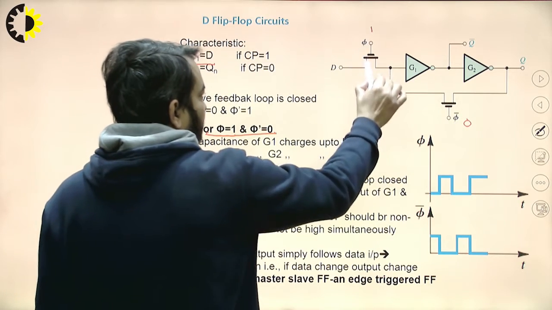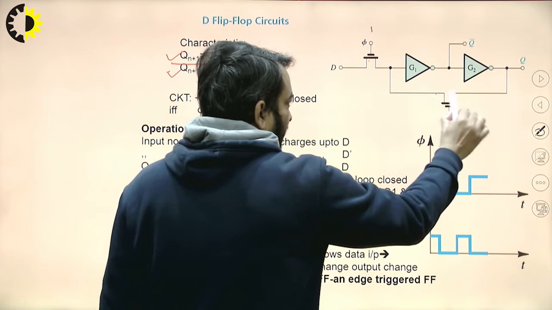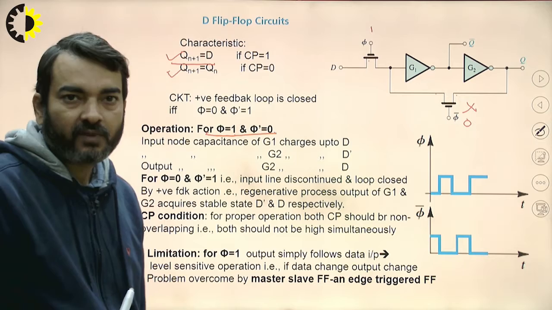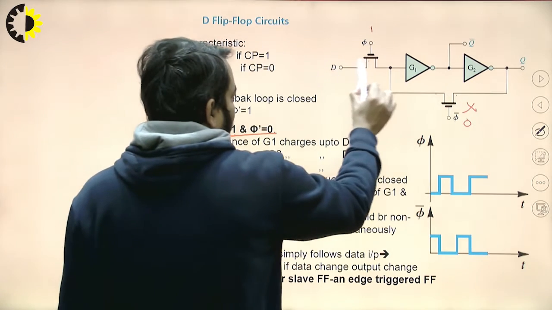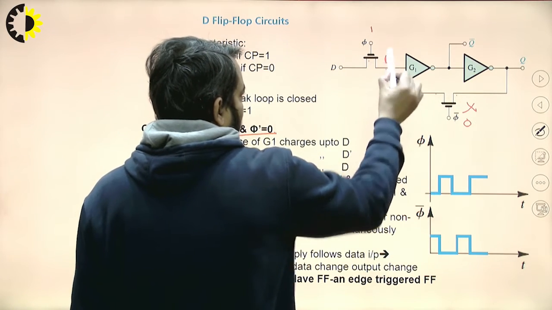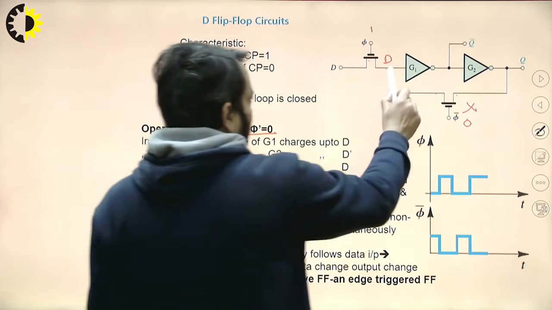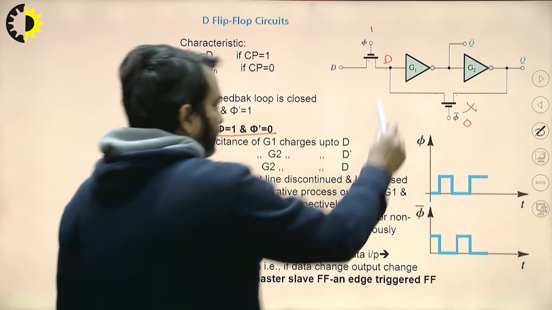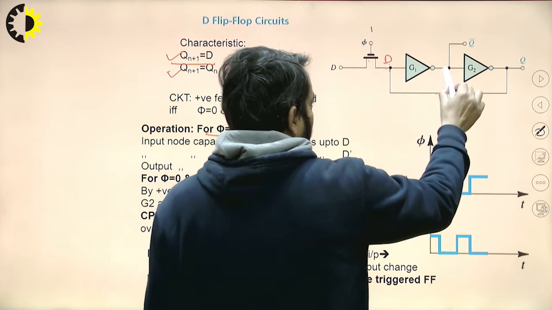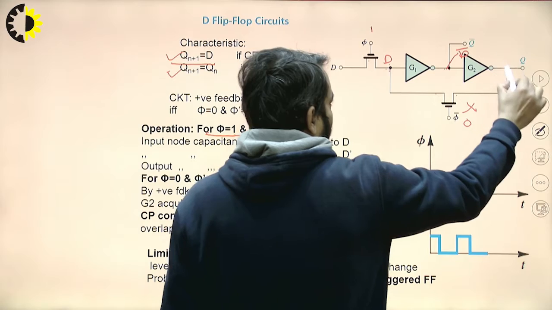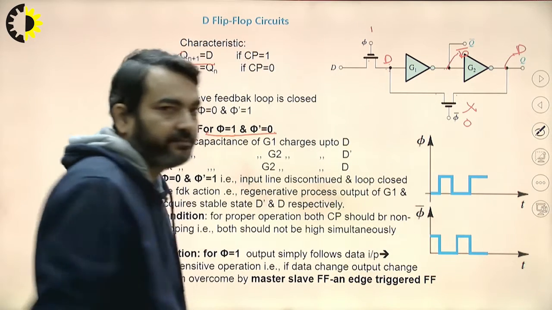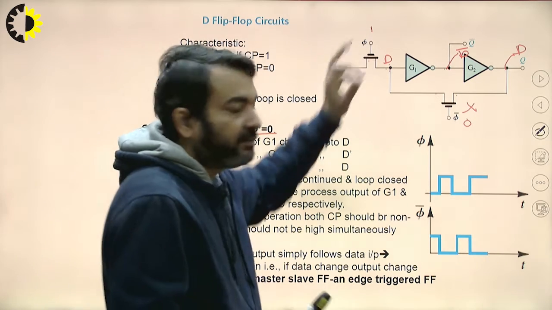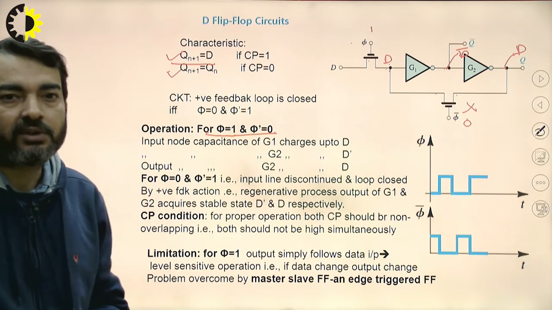This is 1 means this transistor is on, this path is open, meaning the loop is broken. So the D input will directly come at this point, or the node capacitances will be charged as per the D input. So this node voltage will be D bar and this will be D. Whenever the clock pulse is 1, it is used to input the data.